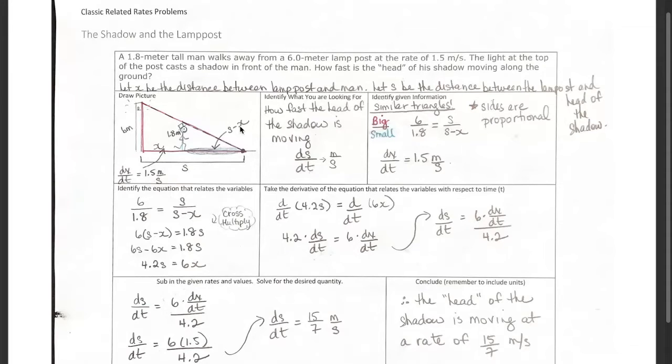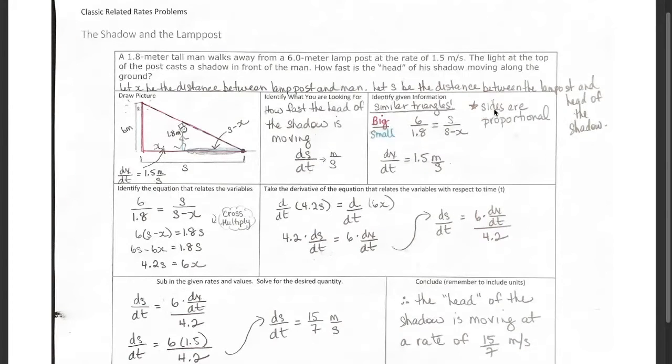Okay, and what we want to find is how fast the head of the shadow is moving. So we're actually looking for ds by dt. So how fast the shadow head is moving, in distance in meters over time in seconds, so meters per second.